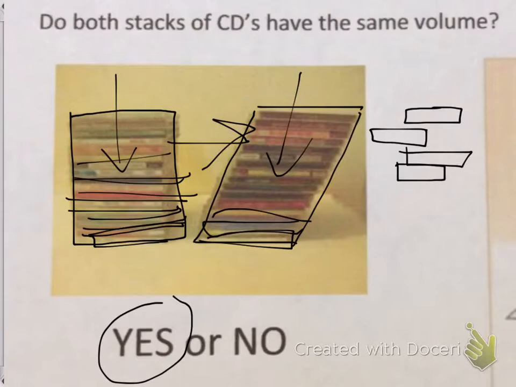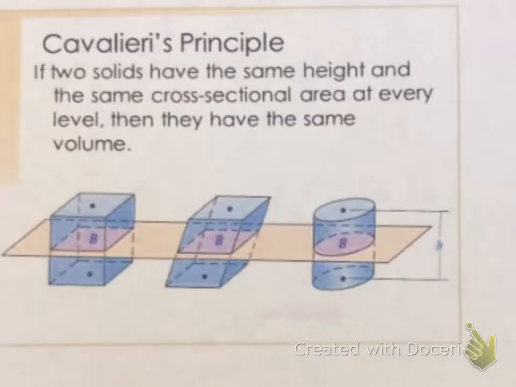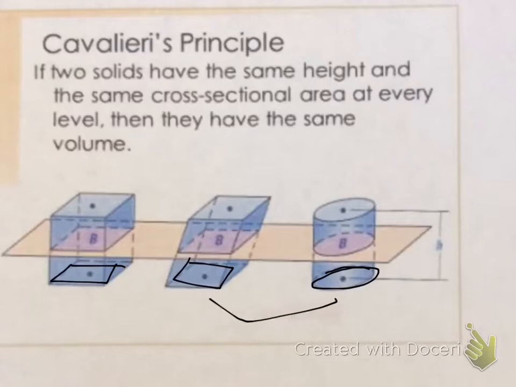They're still going to have the same volume, the same amount of volume that they can hold. So Cavalieri's principle says as long as your shapes have the same area on the base, so even this cylinder has a circle, if this circle has the same area as these other two figures, and they have the same height, then they all have the same volume.